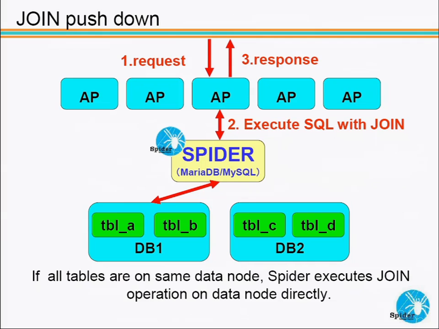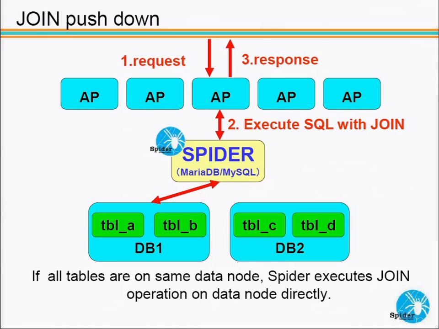And Spider supports join pushdown. If all tables are on same data node, Spider executes join operation on data nodes directly. The benefit is simple join operations are 2 times faster on simple join pushdown test.